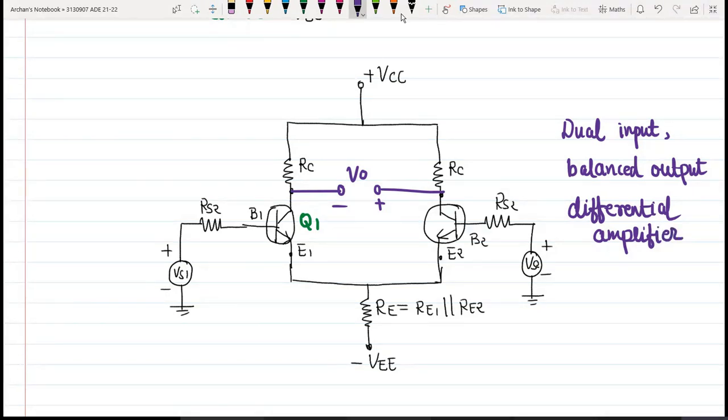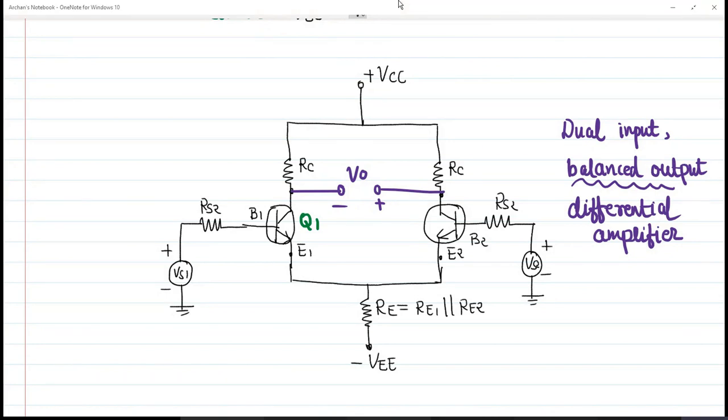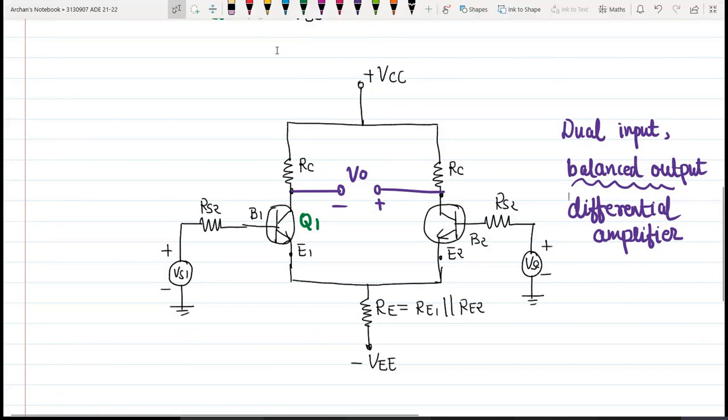Now why is it called a balanced output differential amplifier? Let us try to understand this particular case. Here you can see this particular amplifier can also be known as an emitter coupled differential amplifier, right? So here you can see the output can be taken between two collectors.